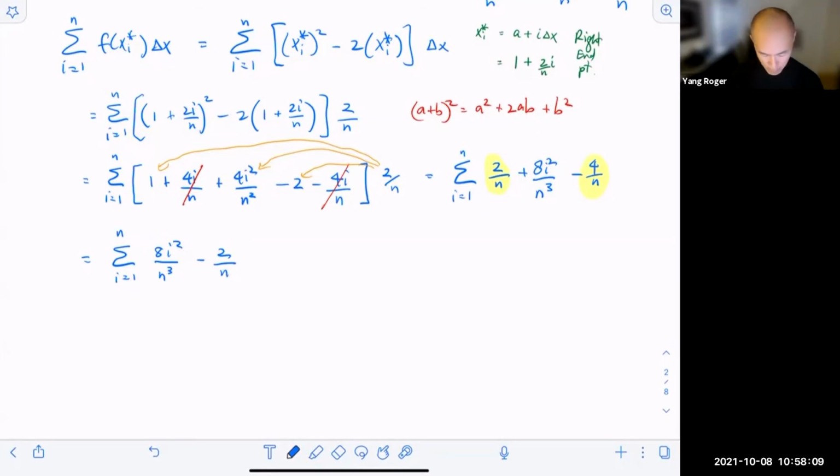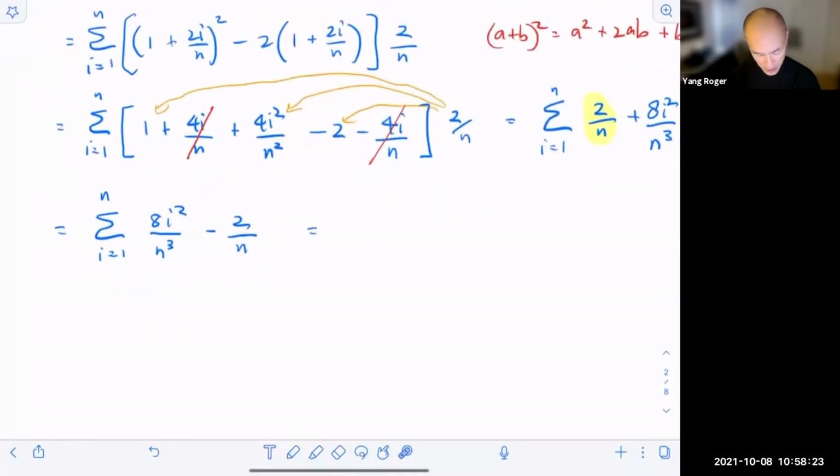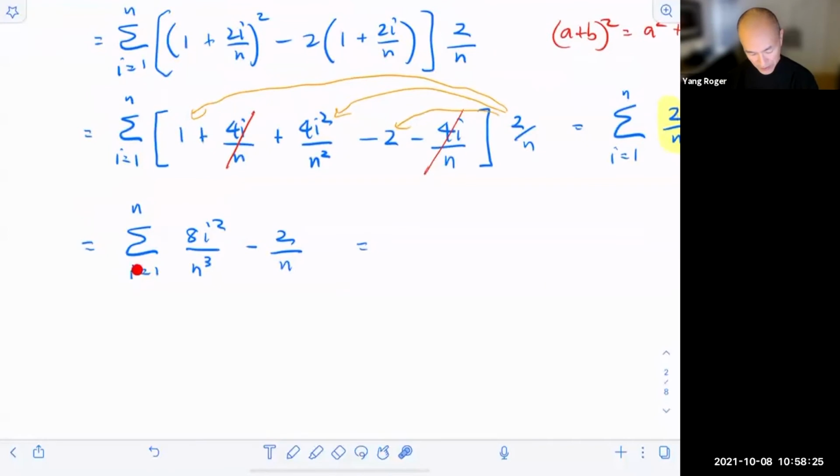Now I'm going to use those properties of the sigma notation to break this thing down into pieces. When you look at this sigma notation right here, your variable is i. i is the indexing variable. And really n is treated as a constant.